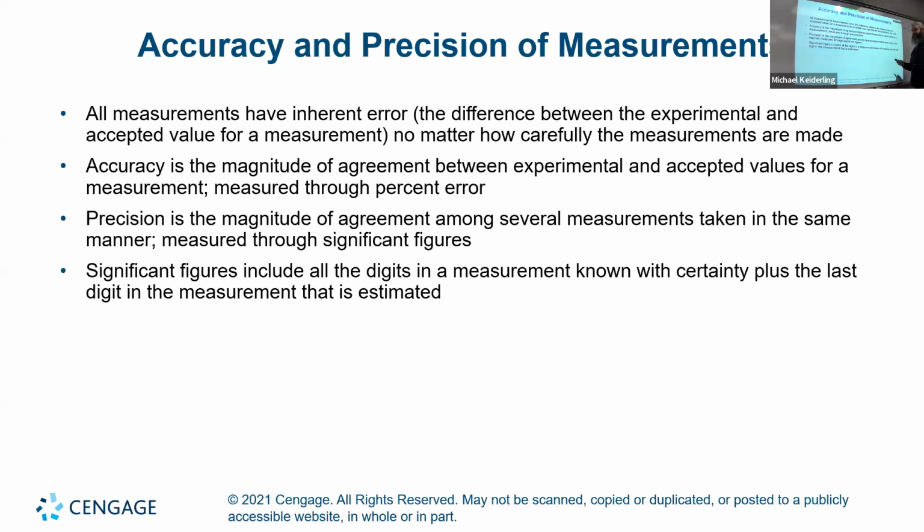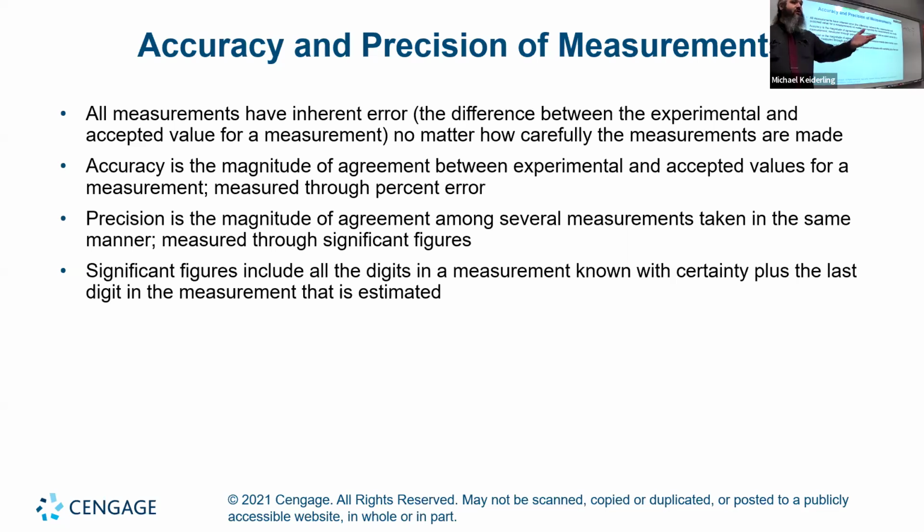So significant figures are a way, when we're writing out a number, to tell how precise that measurement was, and we want to preserve that information through calculations. Significant figures include all the digits in a measurement known with certainty, plus the last digit in that measurement that is estimated.